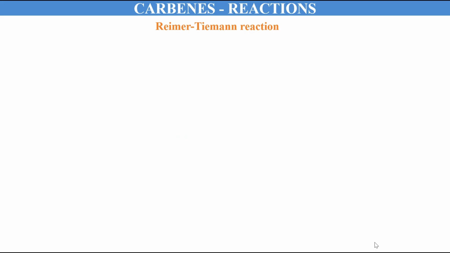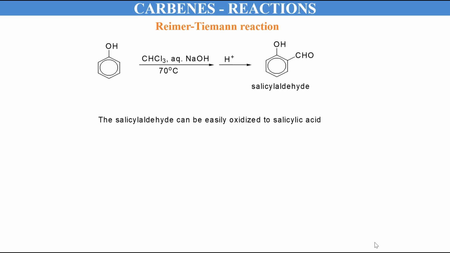Today's subject of discussion is the Reimer-Tiemann reaction. This is named after the two scientists Reimer and Tiemann. In this reaction, carbenes are the intermediates formed. As we know, the Reimer-Tiemann reaction is one in which I take phenol and treat it with chloroform and a base like sodium hydroxide or potassium hydroxide, and heat it at 70 degrees centigrade followed by hydrolysis.